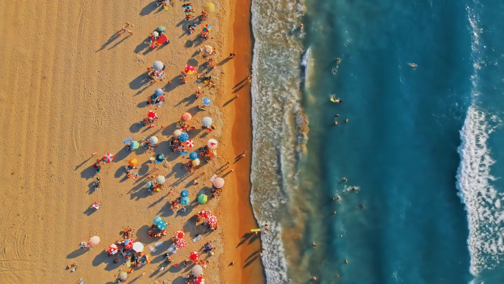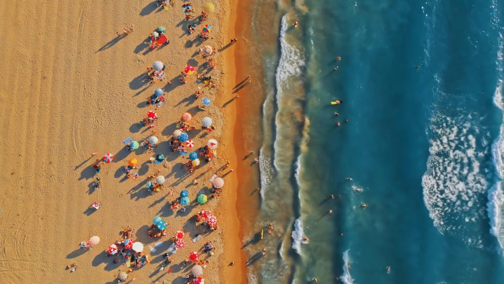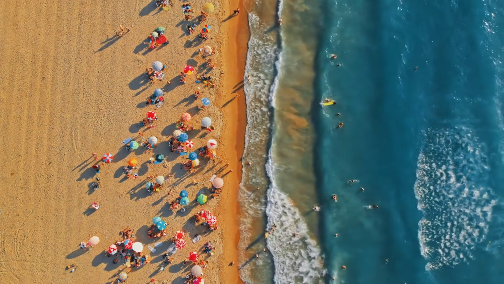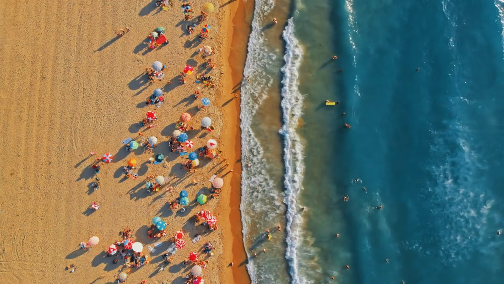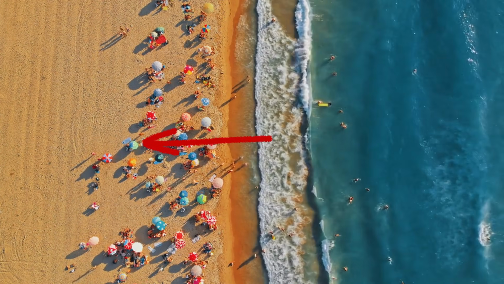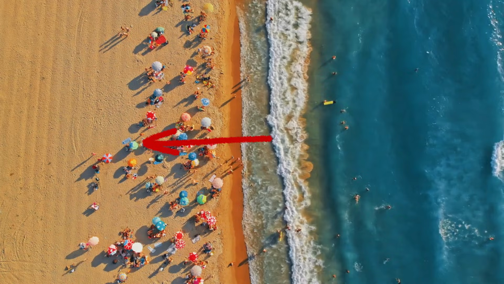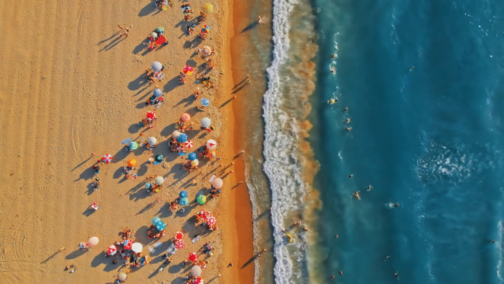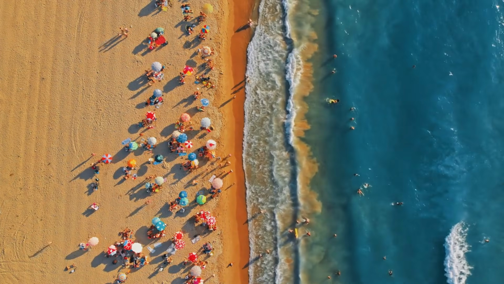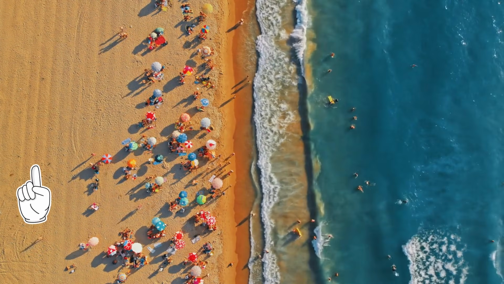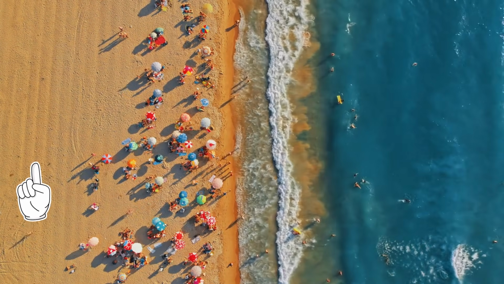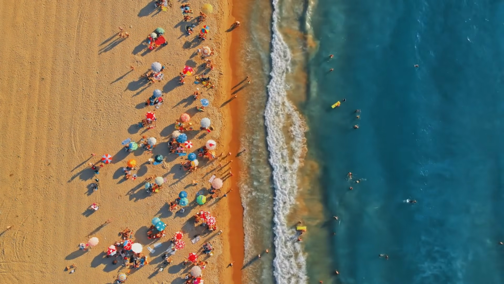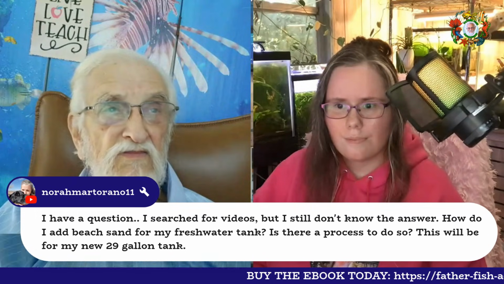What you do is walk from the water's edge up out of the water and go as far as you need to go to get above the tidal range. And if you don't know what that is, then you need to go there when the tide is high, so you know how far up the tide comes. Go up above that, collect the sand.